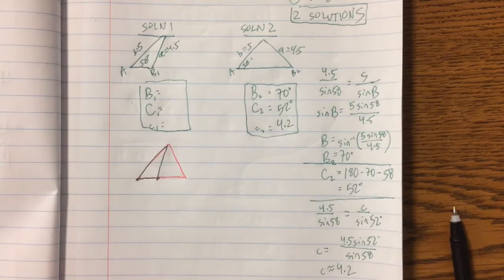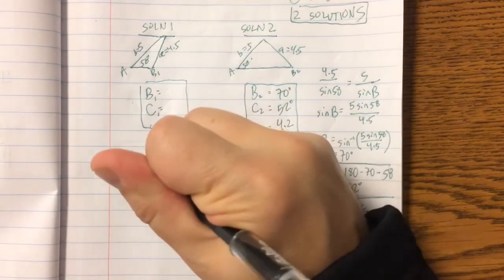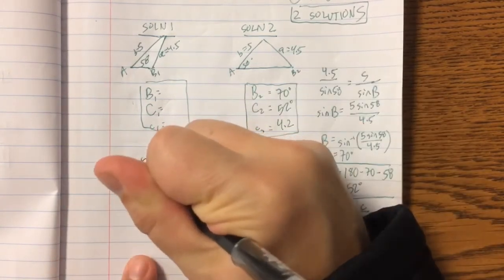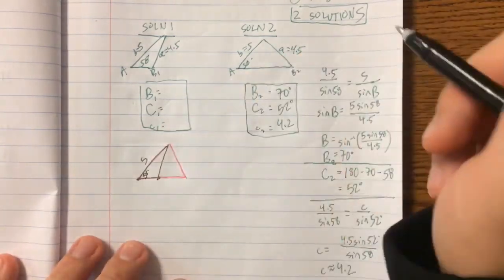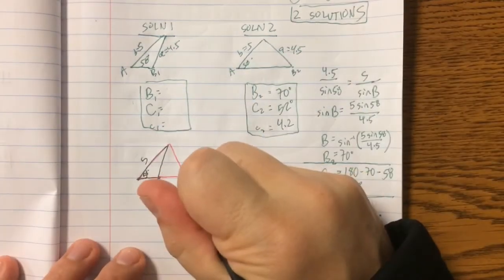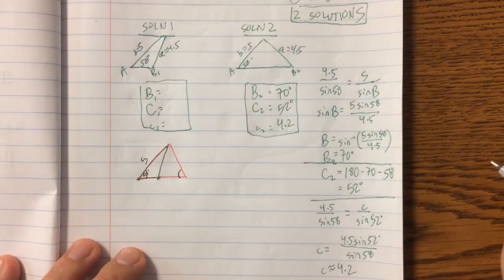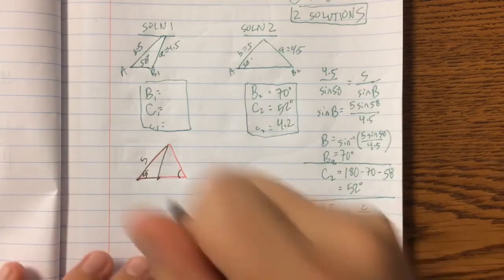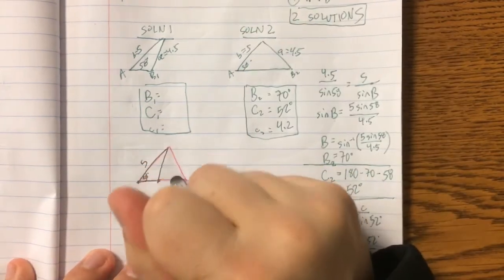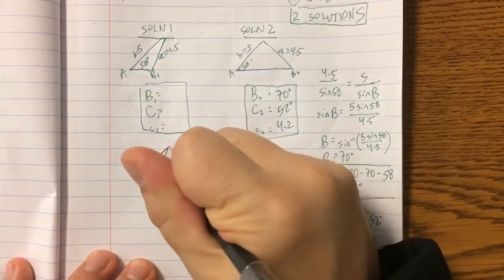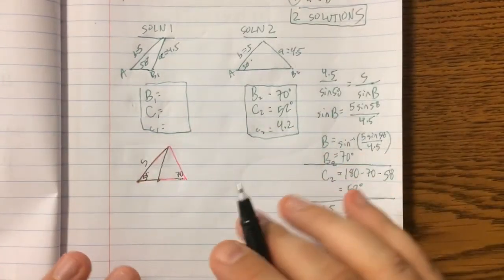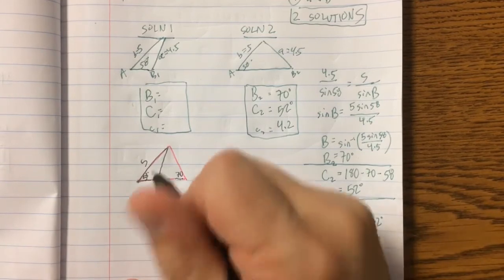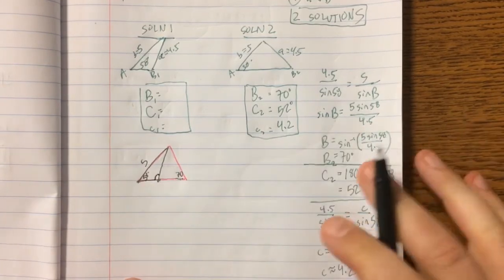Now, in both of these cases, this is a 5, this is 58. I don't really care so much about that at the moment. But what I know now is that this angle is what? What do I know about that angle? It's 70, right? So this angle right here is 70. And what I'm going to use that to find is this angle measure right here.